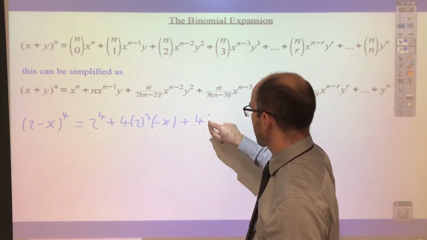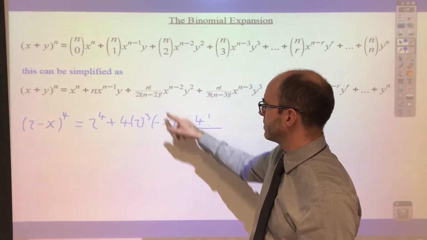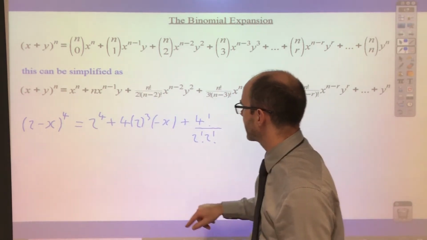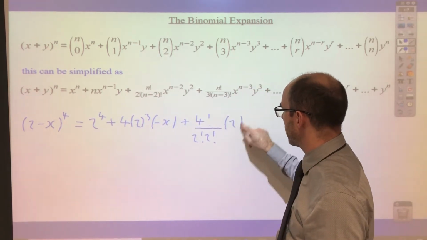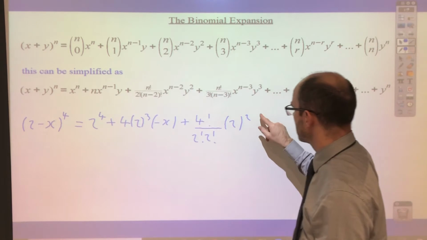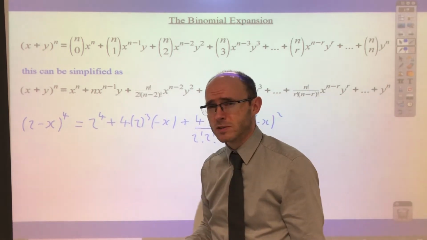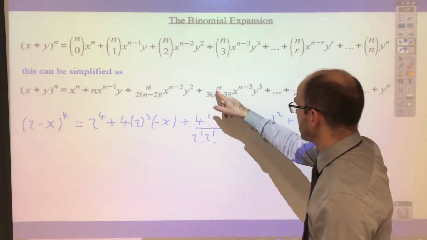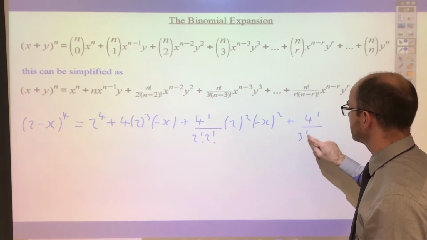So we've got 4 factorial over 2 factorial, and then 4 subtract 2, which is 2 factorial, okay? And then you've got this term, 2 to the power of 2, and then this term, which is negative x squared. All okay so far? Hoping so. And then you've got the next term, which is going to be 4 factorial over 3 factorial.